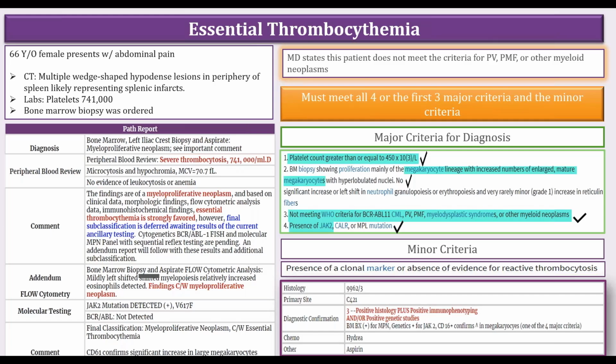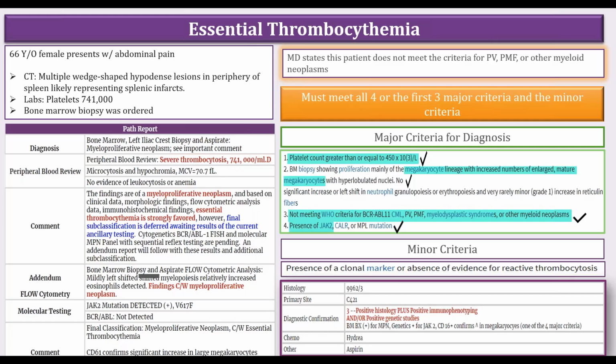And then the patient had labs drawn that were abnormal, prompting a peripheral blood smear, revealing thrombocytosis with an extremely high platelet count of 741,000. Bone marrow biopsy was ordered and pointed us to an important comment. The comment stated that the marrow showed mildly left-shifted myelopoiesis with increased eosinophils.